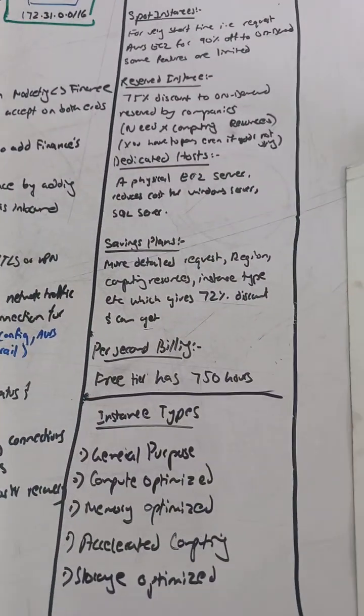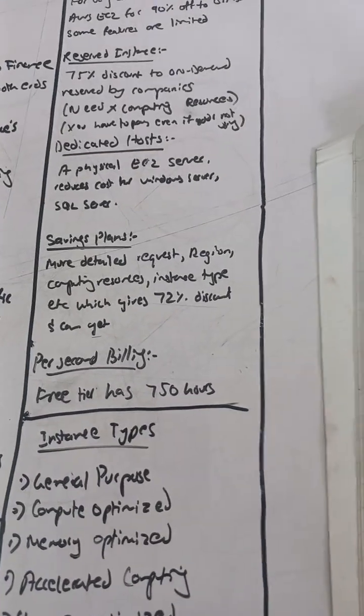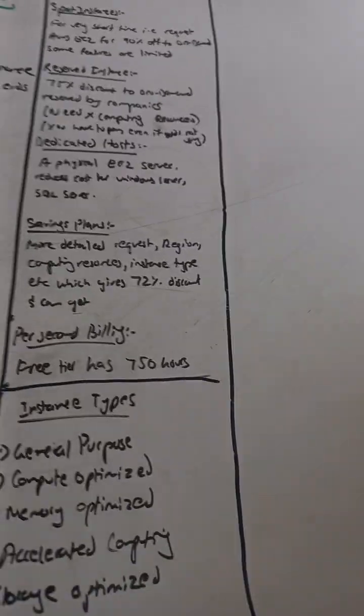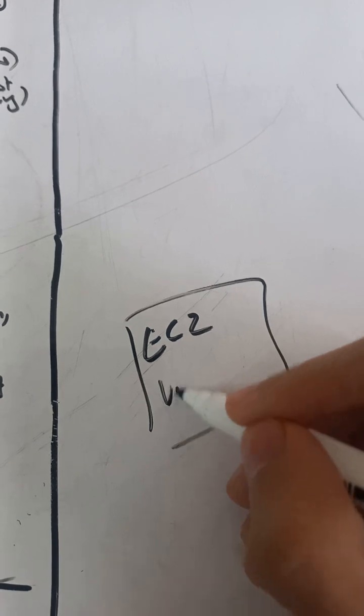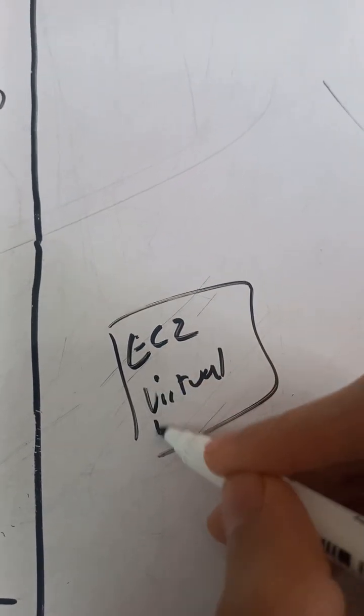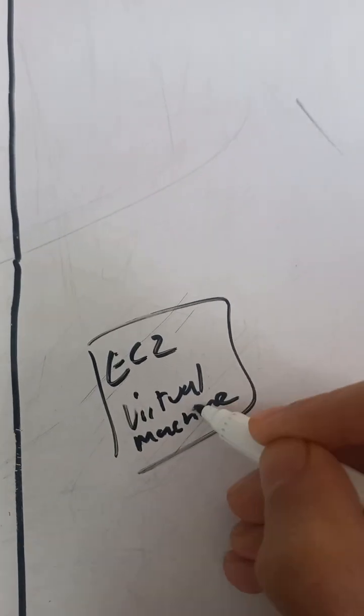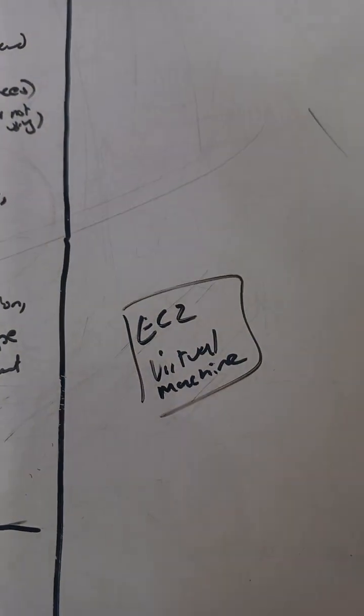Okay, so I think you know the basic gist of what an EC2 instance is. Now we're going to talk about the benefits. As a quick recap, your EC2 is nothing but a virtual machine which you can use on your AWS cloud.